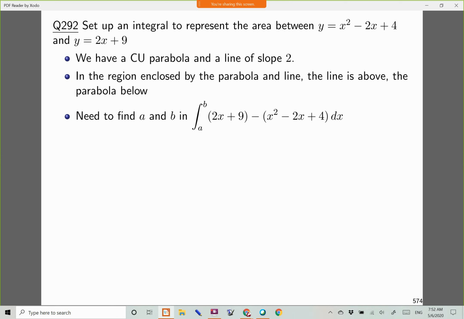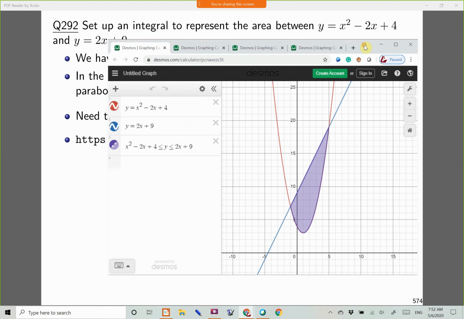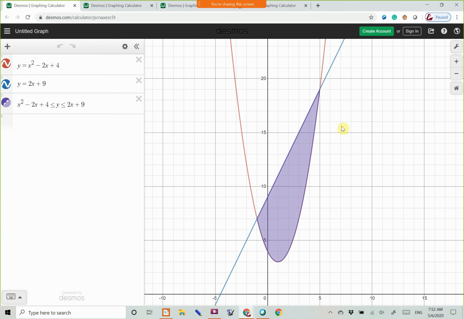We need these two x values though, and just to confirm what's going on, it looks something like this, right? So we're talking about this shaded region in purple, and I'll use the mouse cursor to show that if you move up, what creates the top border of the shaded purple region?